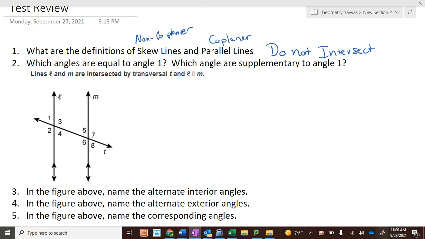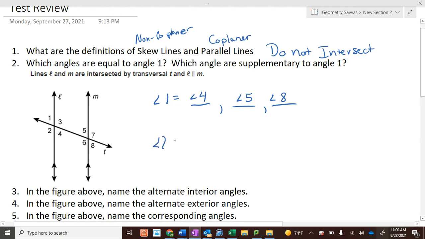Okay, angle 1 is equal to what other three angles? Why is it equal to 4? Vertical angles. Why is it equal to 5? Corresponding angles. Why is it equal to 8? Alternate exterior angles. Okay?